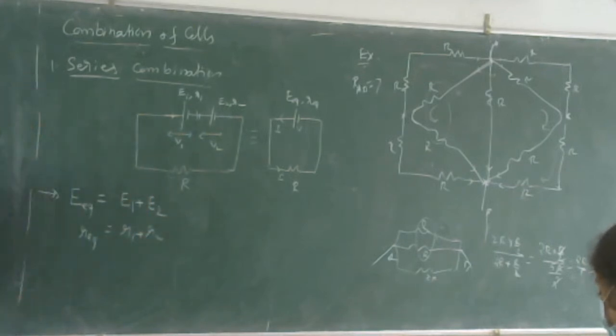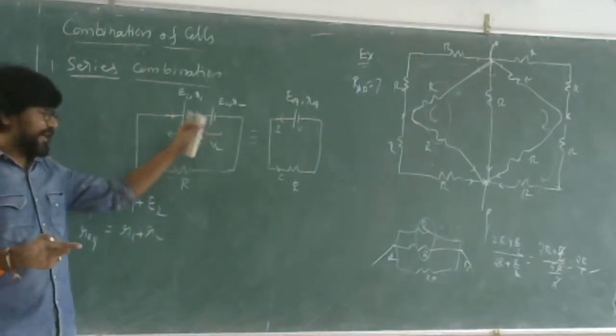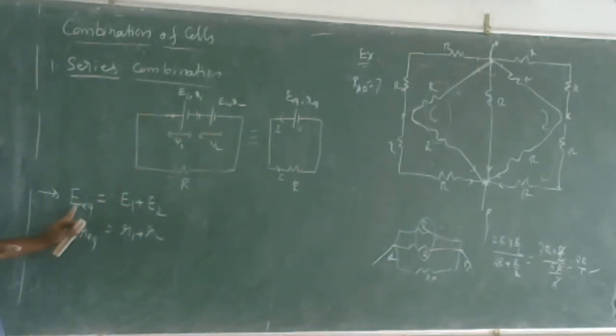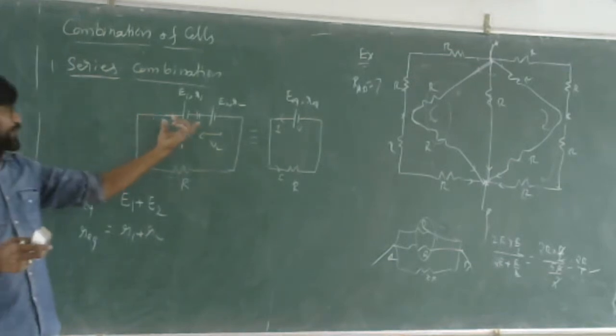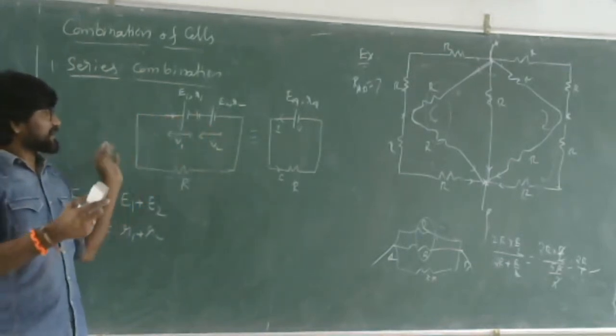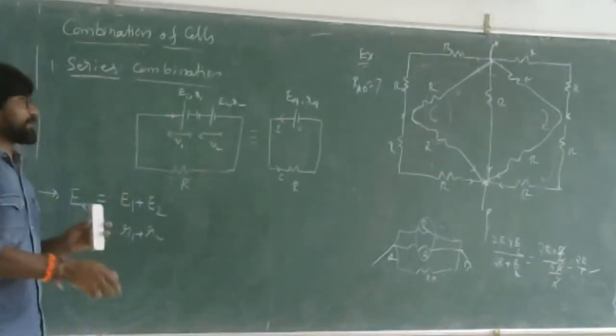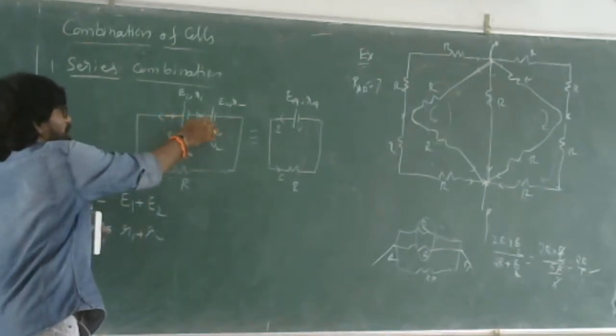So our main requirement, the aim of this condition, is how to find the effective EMF. In case two cells are connected in this fashion, the equivalent EMF of the two cells is E equal to E1 plus E2. This condition is also called, if two cells are connected like this, said to be connected in a supporting manner, meaning current due to this and current due to this will add up.